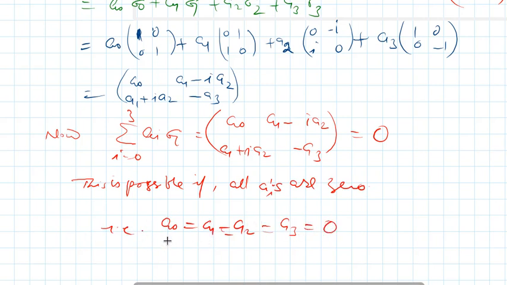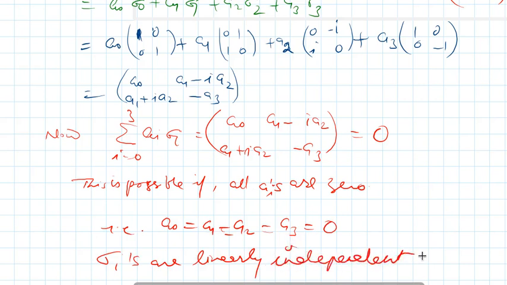So these sigma i's are linearly independent. That means we have proved the first part.